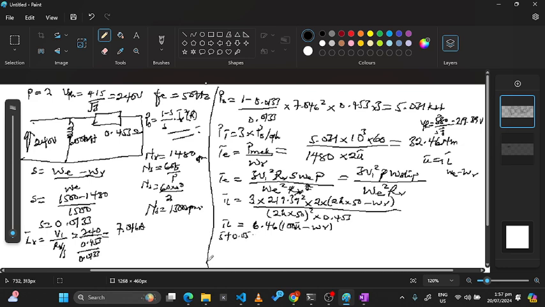0.05 omega R should be equal to 2029.256 minus 6.46 omega R. If you group like terms, you are going to have 0.05 omega R plus 6.46 omega R should be equal to 2029, so this will give you 2024.256.